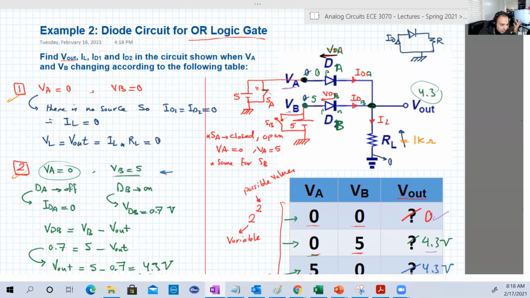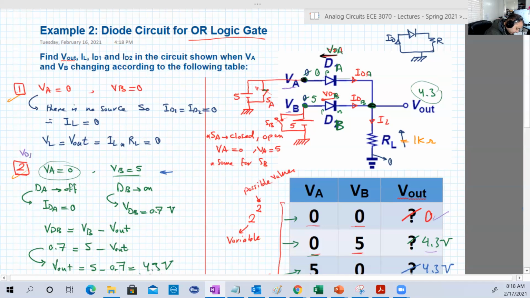Were they reverse? We can determine whether they are forward or reverse just by calculating the diode voltage. If you know the diode voltage, you can know for sure if it's forward or reverse. So let's do that.